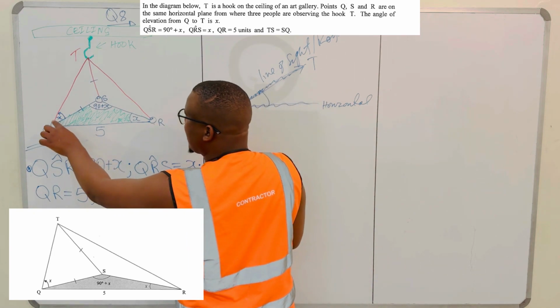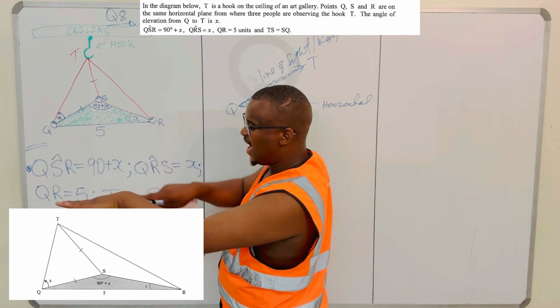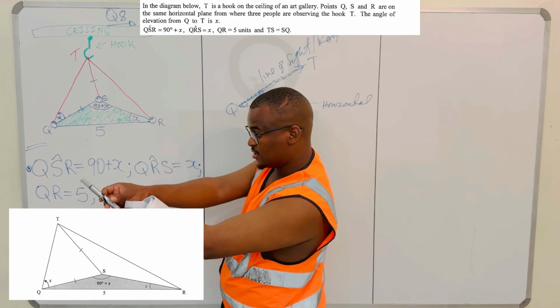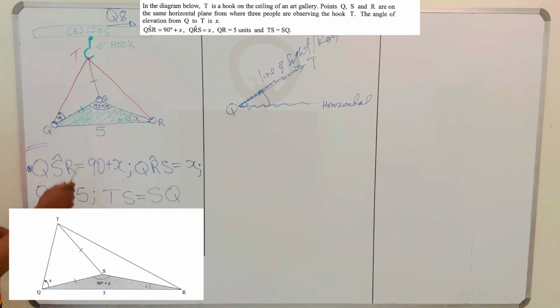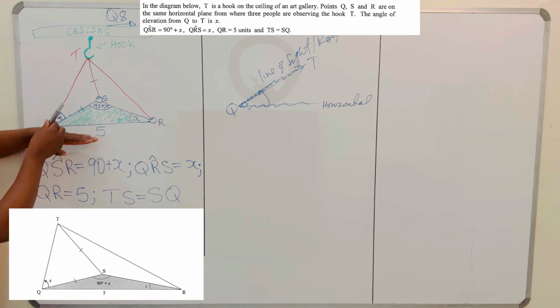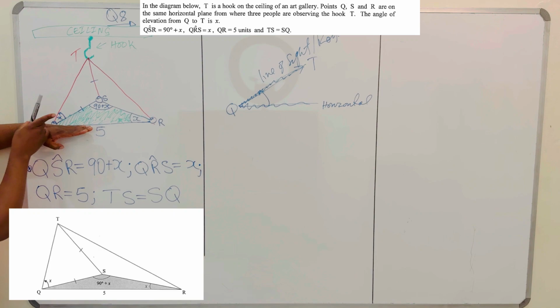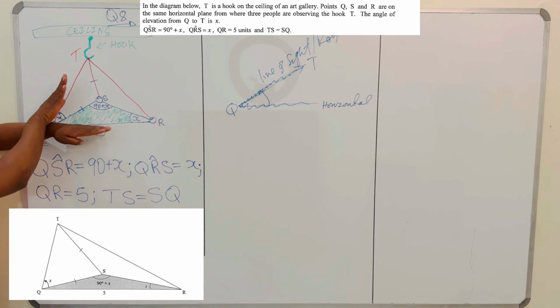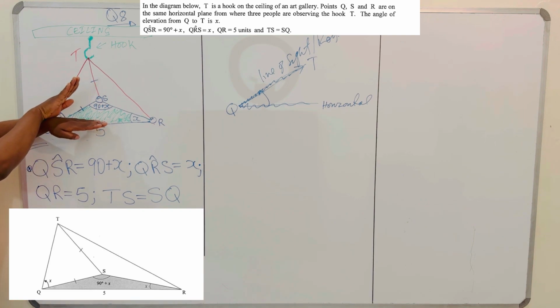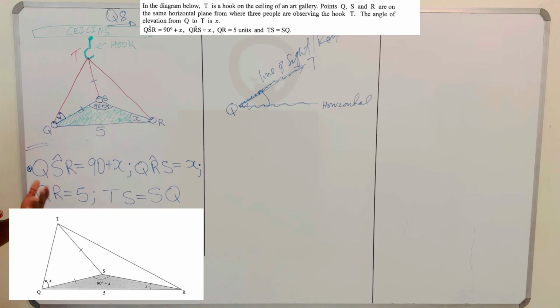Or if I orientate myself this way, the horizontal is like this and his line of sight is like that. This is the angle of elevation. So this angle is measured from the horizontal into your line of sight, or your ray, which is a straight line. That's the angle of elevation.